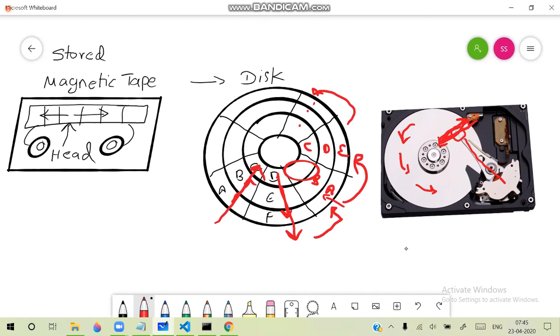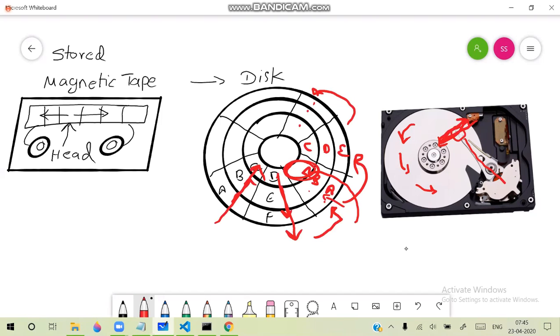That means this head cannot directly go there and store data. It has to go in an order. When it sees that there is several data already available, this is always left empty. That means you have space in your disk, but you are unable to utilize that space.